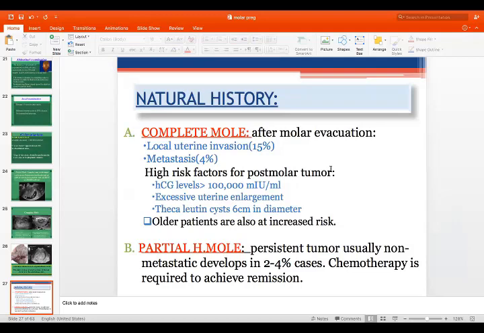High risk factors for post-molar tumor or metastasis are beta HCG level more than 1 lakh, excessive uterine enlargement, theca lutein cysts up to 6 centimeters in diameter, and older patients are also at increased risk. In case of partial mole, the persistent tumor usually is non-metastatic. It develops in 2 to 4% of cases. Chemotherapy is required to treat it.